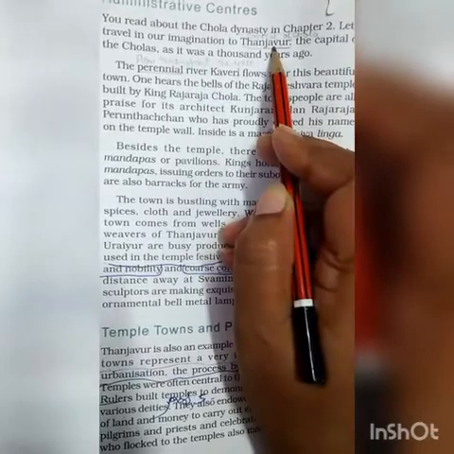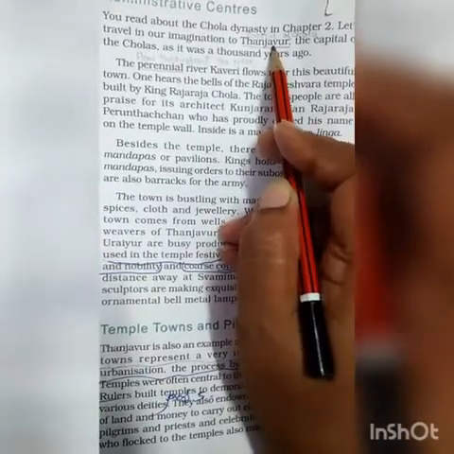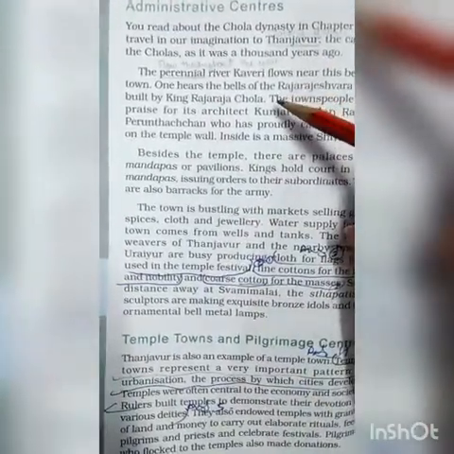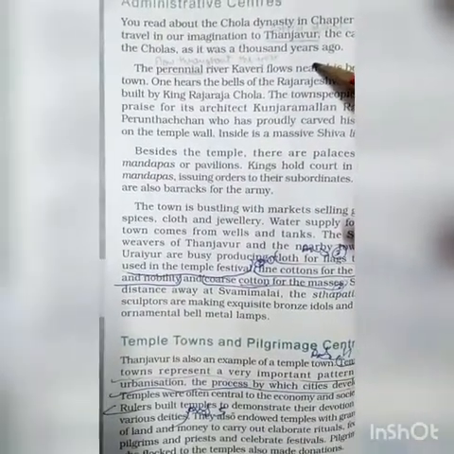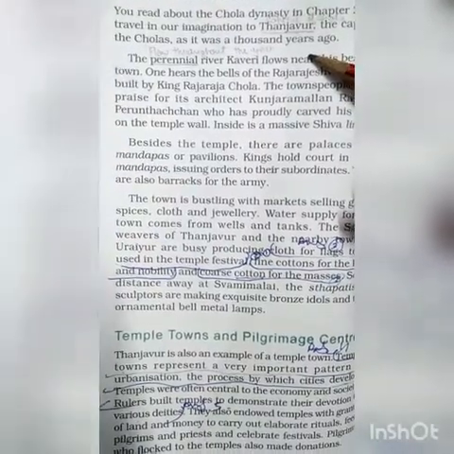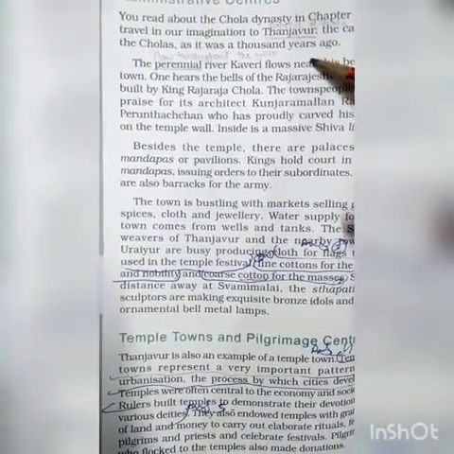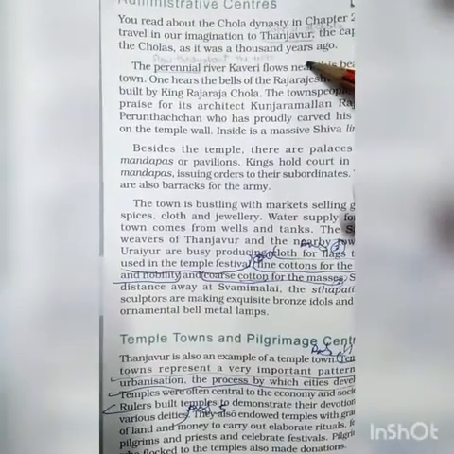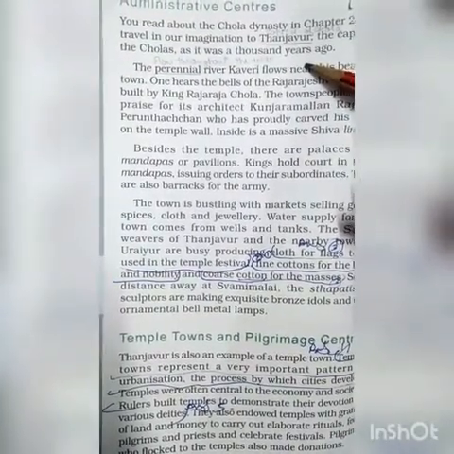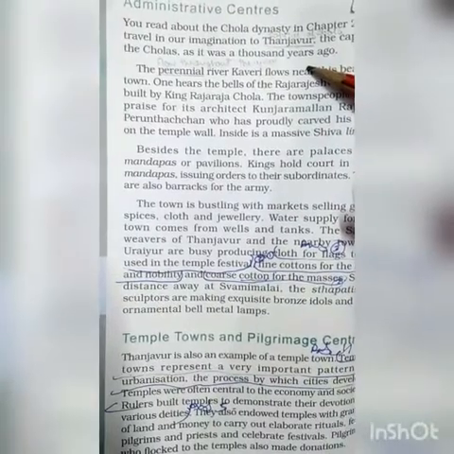This temple is dedicated to Lord Shiva, so sometimes it is also called the Shiva Temple of Tanjore. Its dome rises to a height of 190 feet or 60 meters like a pyramid in 13 successive stories.